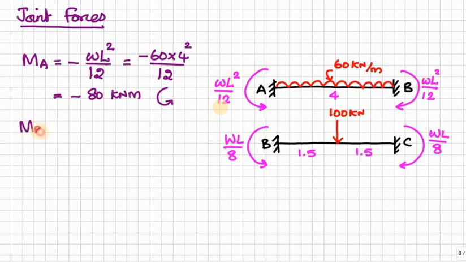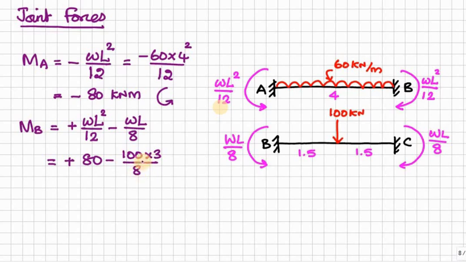Similarly, we can find MB, which is equal to MBA plus MBC. MBA is plus WL squared by 12, and MBC is minus WL by 8. Which is equal to, the first one is 80, already calculated from the MA computation.